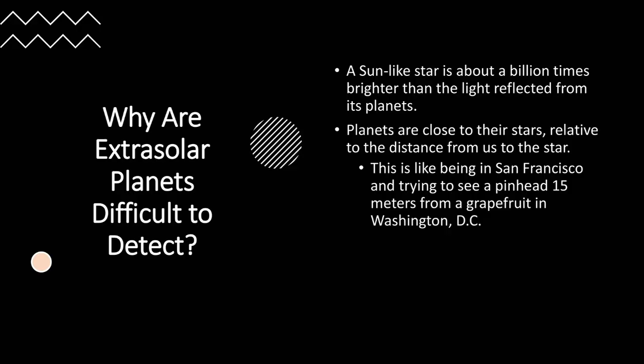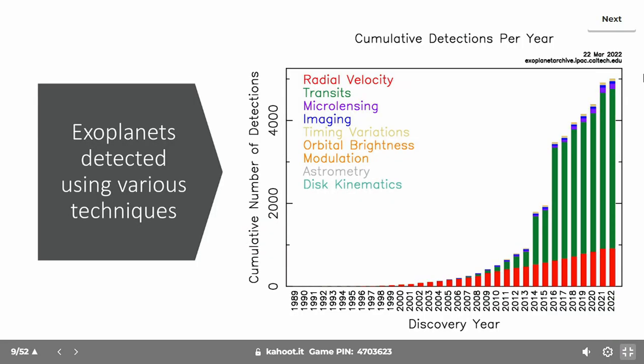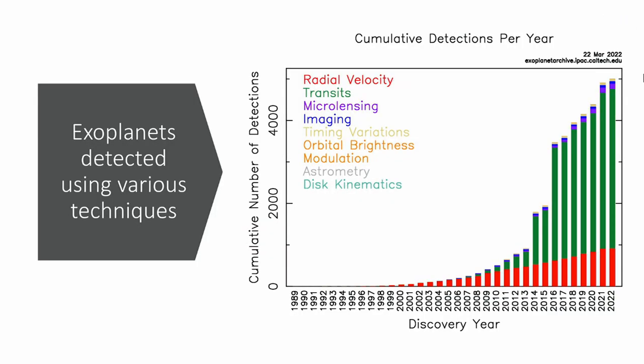But we have developed several techniques that we can use to detect exoplanets. These are the most common techniques: radial velocity method, transits, astrometry, pulsar timing, direct imaging, and microlensing. We'll talk about each of these different techniques. This is a graph of the number of exoplanets detected and by which method they were detected.